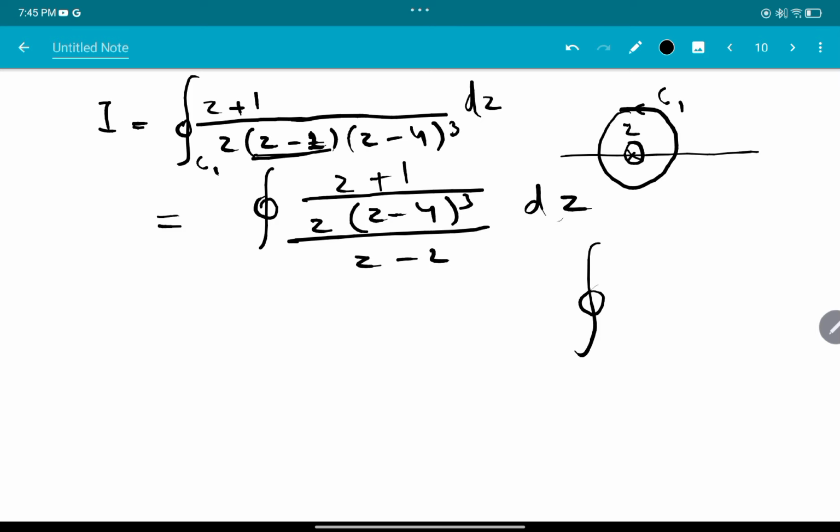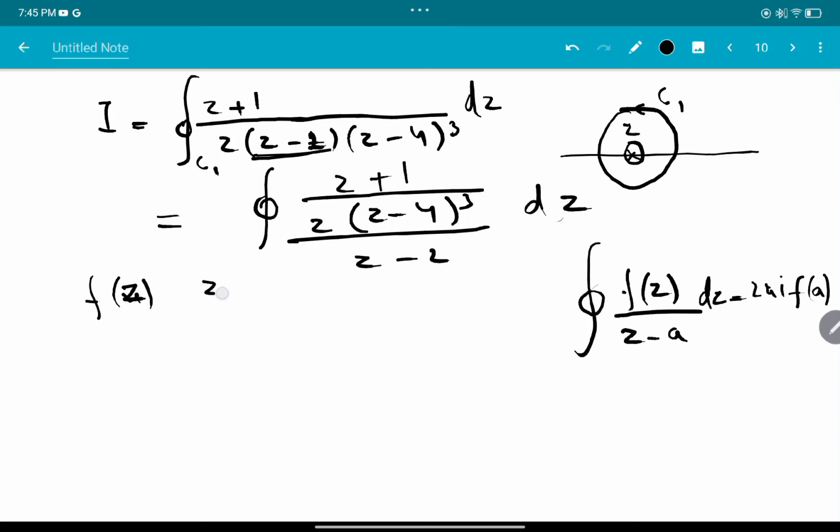Now, the integral of f(z) divided by z minus a, dz, is equal to 2 pi i f(a). So you have to find first f(a). Here f(z) is (z plus 1) divided by z into (z minus 4) raised to 3. A is the singularity.